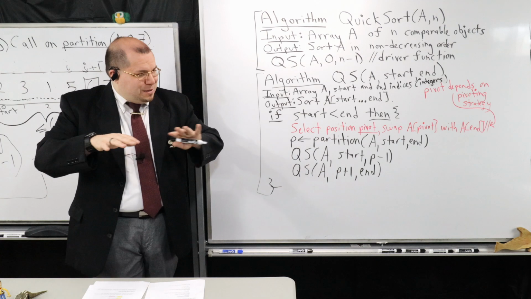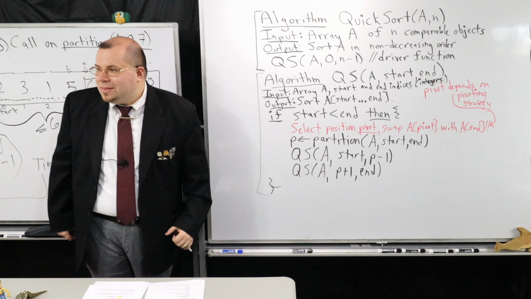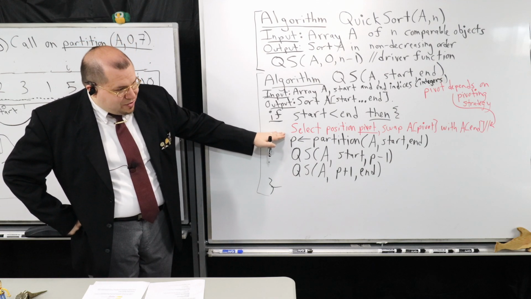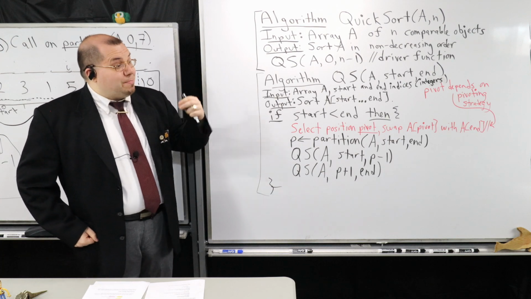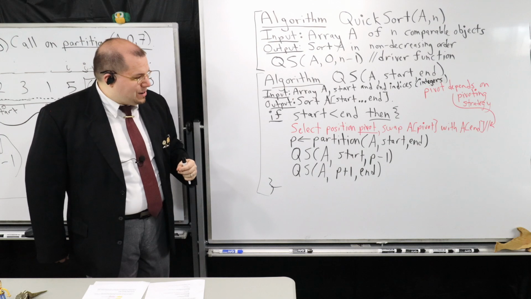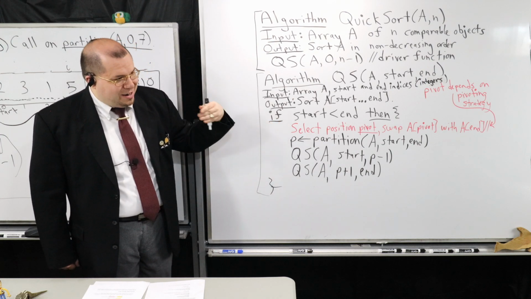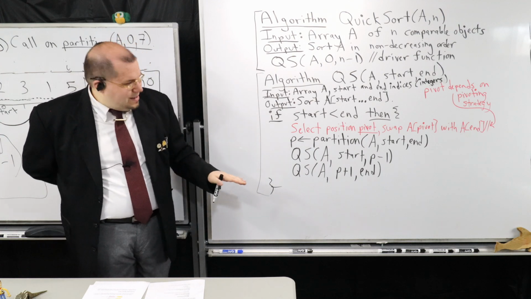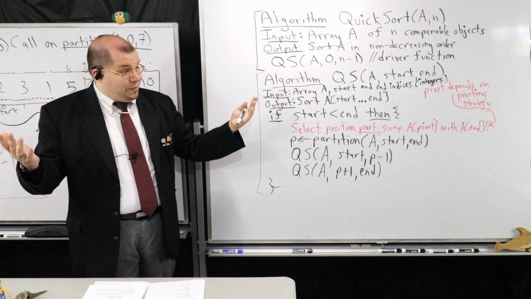Remember, the whole idea is it splits it into those two groupings every time and it recursively sorts them. So this depends on what we call a pivoting strategy. I'm going to talk about that shortly. The pivoting strategy might actually affect the time complexity of quicksort. So I'll first start off by ignoring this step, and then I'm going to start talking a little bit more about, okay, what can we do to buff up quicksort? For those that aren't aware of that phrase, I'm just saying we're going to see if we can make quicksort faster.